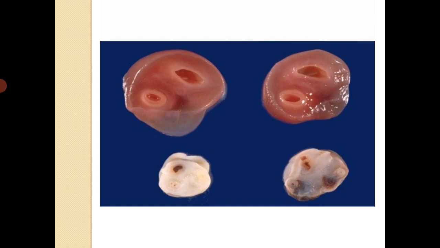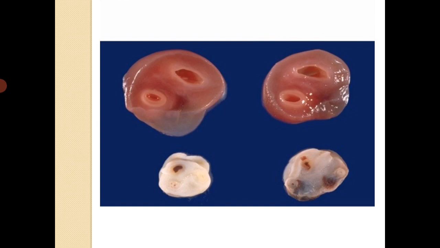Here you can clearly see that there are only two openings in the cord, one for the umbilical vein and the second one for the umbilical artery. That is abnormal, where there should be three blood vessels in the umbilical cord, two umbilical arteries and one vein.